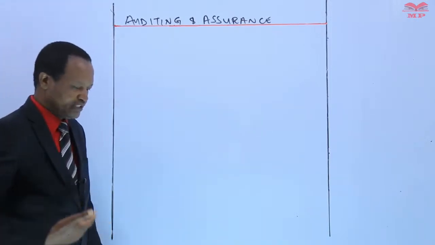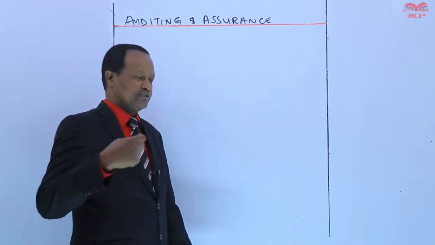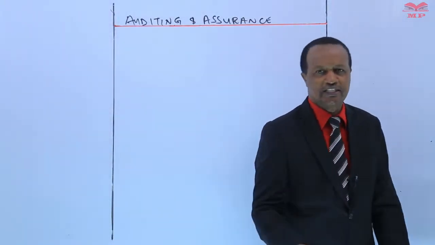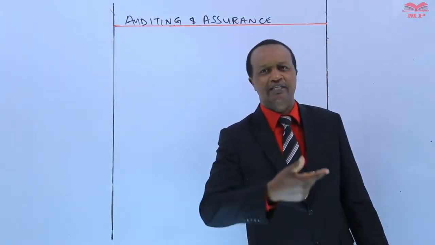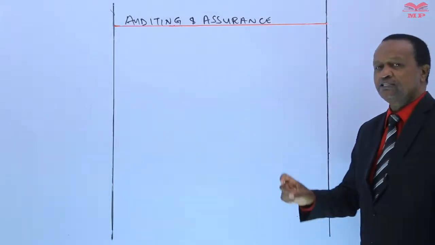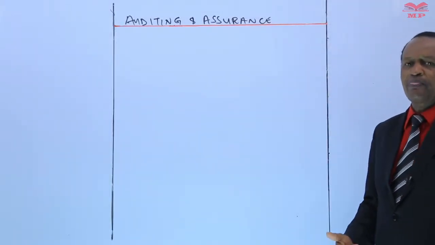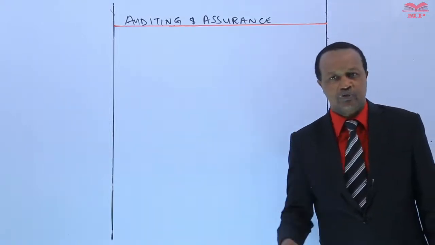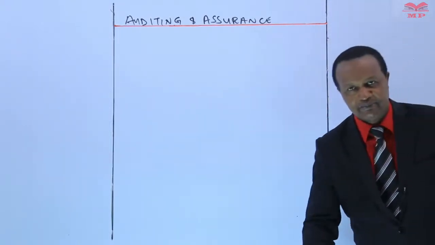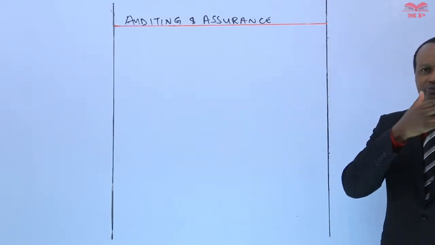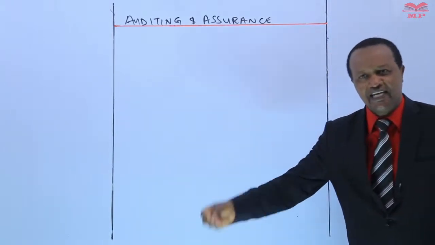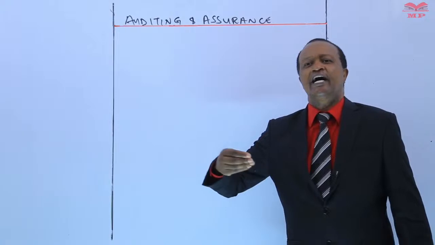To audit is to examine. So auditing is the systematic and independent examination of an organization's financial records, statements, and operations. And the purpose for carrying out an audit is to ascertain their accuracy.